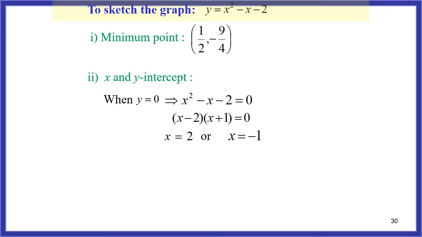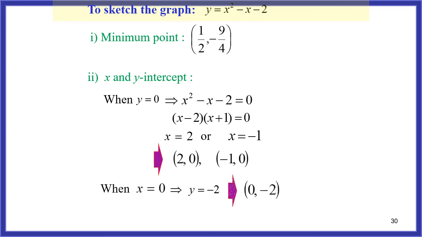We get x equal to 2 and x equal to negative 1. So we have the two points (2, 0) and (negative 1, 0), and when x equal to 0, y is equal to negative 2. So we have 3 points here. We just have to plot the 3 points, including the minimum point, and then sketch the graph.